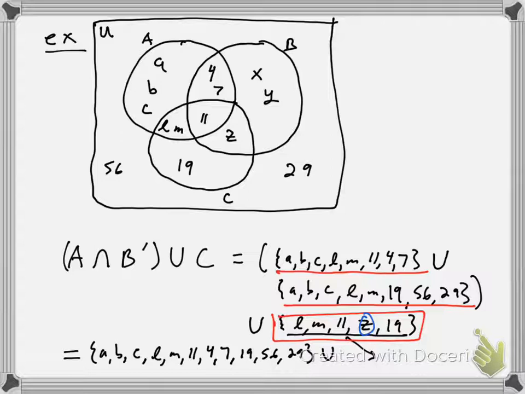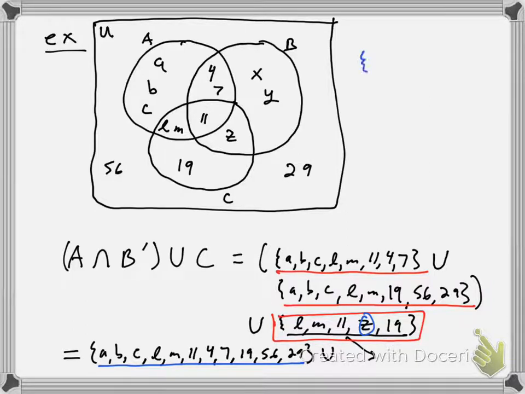All the other ones are repeats, L, M, 11, and 19. So all I'm going to do is really add Z. I'm out of room down here. That's okay. So my final answer is going to be this whole set with a Z added.